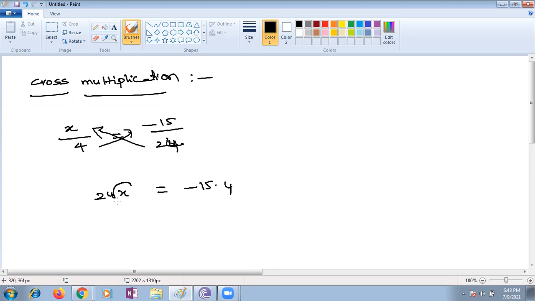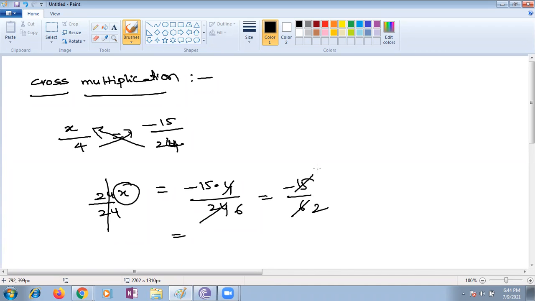I want only the x value. I should remove this 24 so that it becomes a division. So go with 15 fours, 4 ones are 4. How many times? Minus 60. 6 fours are 24. Again it will go with minus 15 and 6 will go with 3. With 3, so it will be minus 5 and 2. Yes, this is the value.